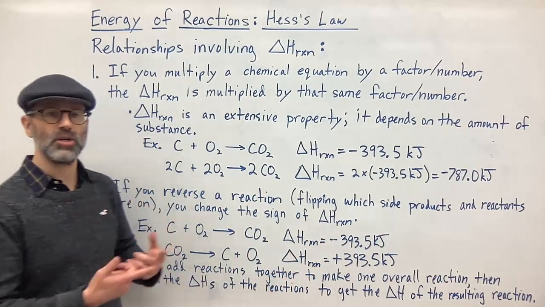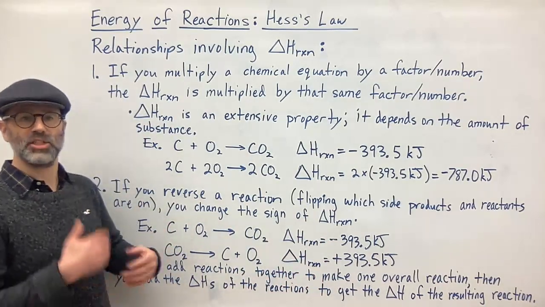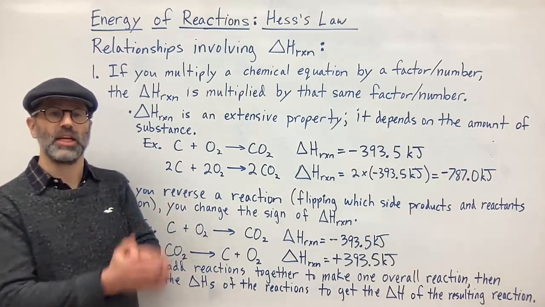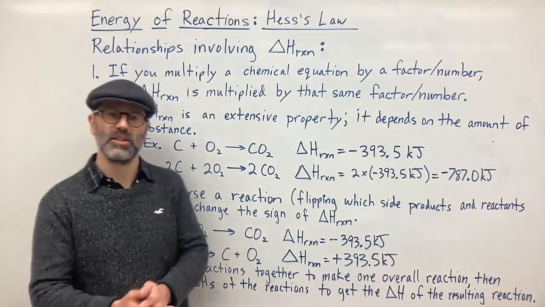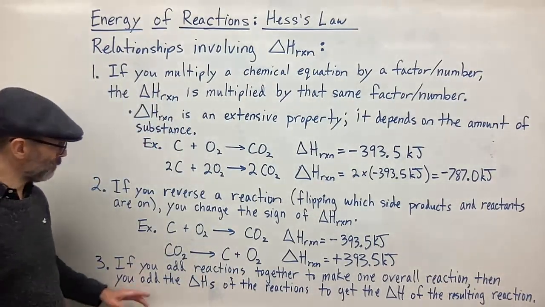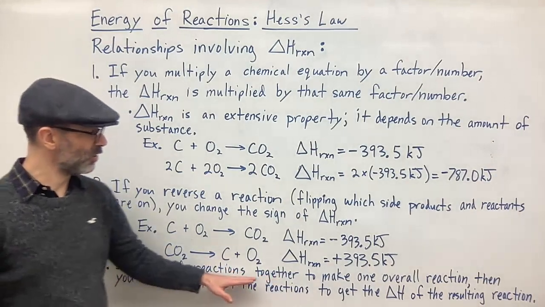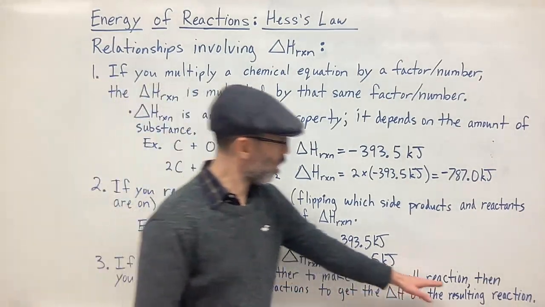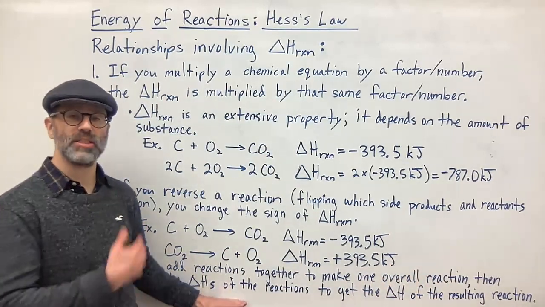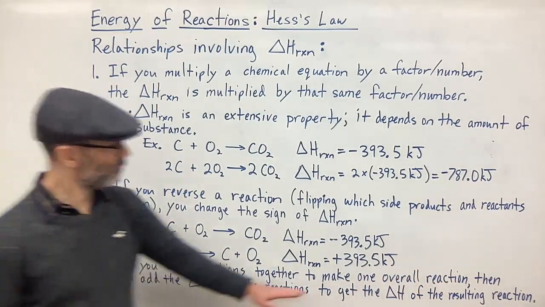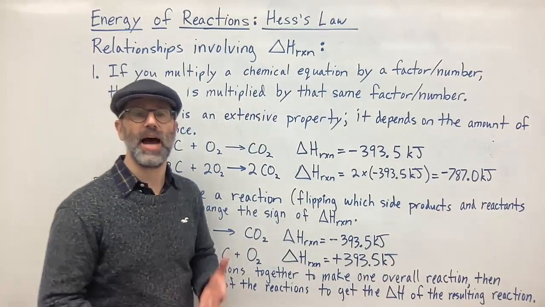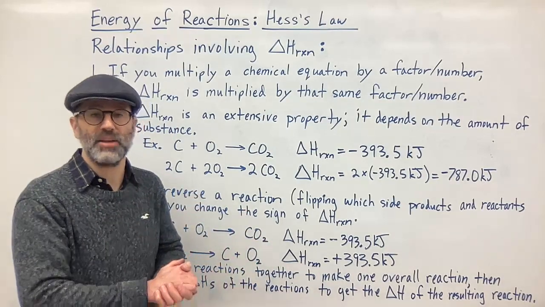So if you reverse the reaction, you have to change the sign of the delta H. So if it's positive, you're going to change it to a negative. If it's negative, you're going to change it to a positive. And then finally, third, if you add reactions together to make one overall reaction, then you add the delta H's of those separate reactions to get the delta H of the resulting reaction, right?